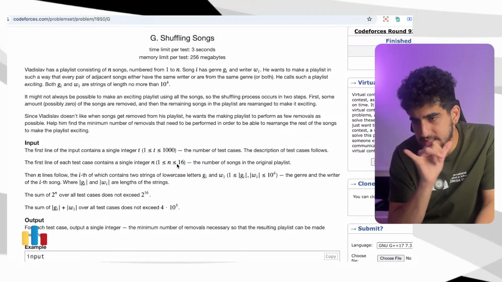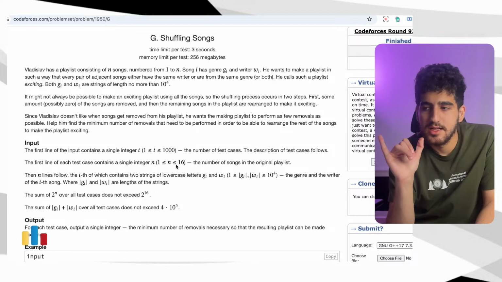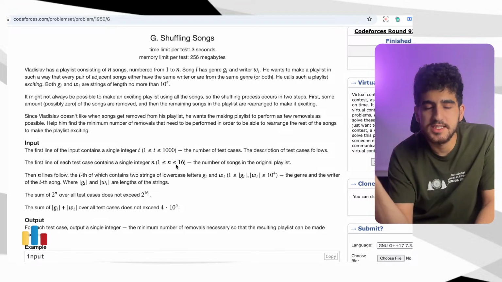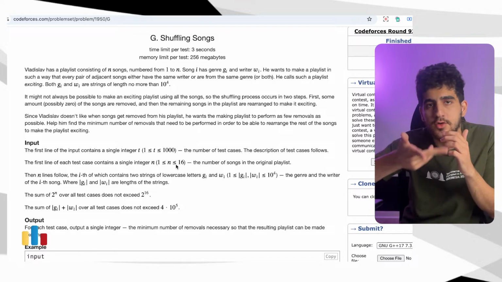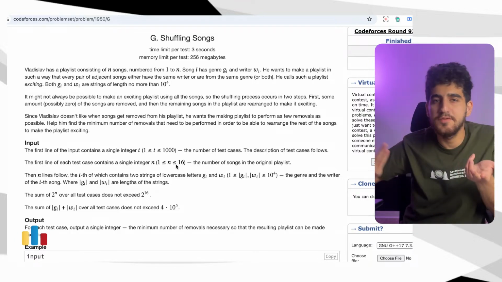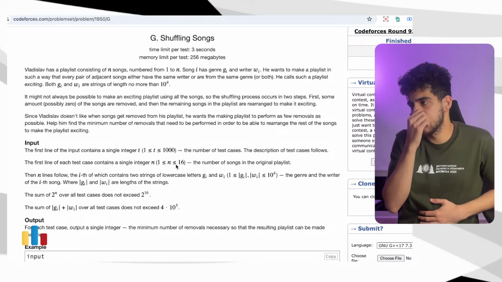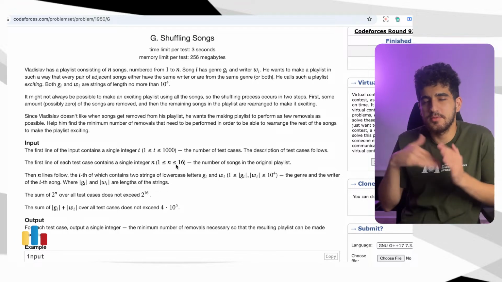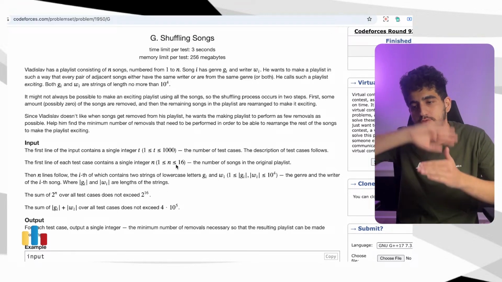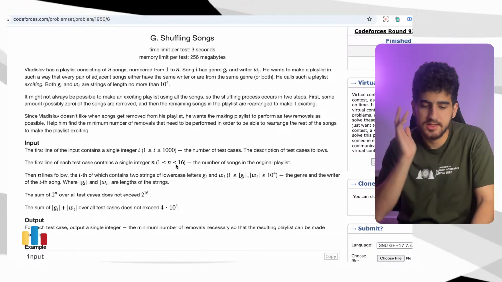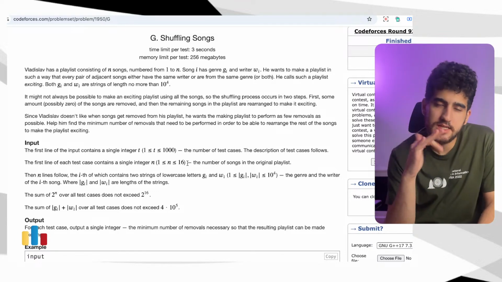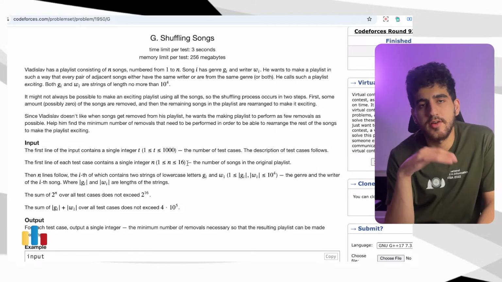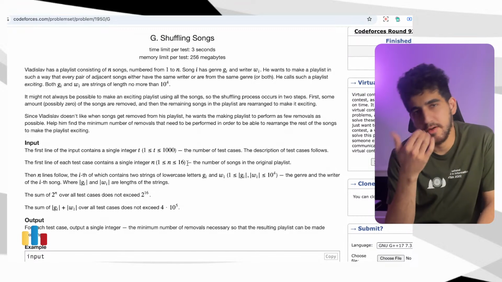Because if you have a mask of length 16, it's going to have at most 2 to the power of 16 ways. You have 16 bits, each of them can be 0 or 1. So how many ways do you have? 2 to the power of 16. So it's exponential and your number must be small such that 2 to the power of that is not going to be so big. And always keep in mind that 2 to the power of 20 is around 10 to the power of 6. 2 to the power of 17 is around 10 to the power of 5.